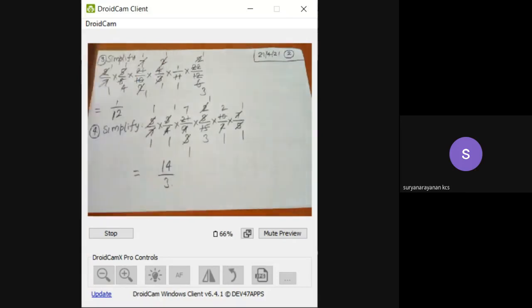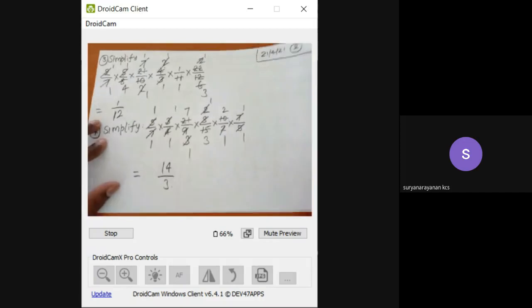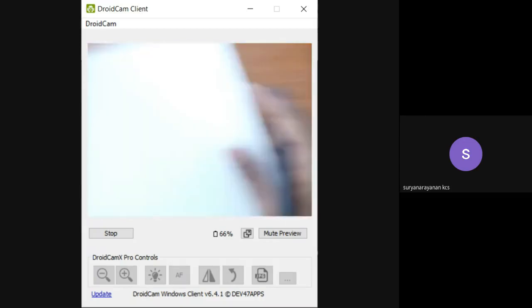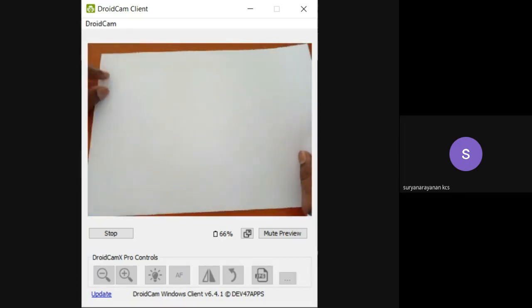Okay, my children. This is about multiplication of fractions. And the last fundamental operation is division. How to divide a fraction by another fraction. Next topic, division.